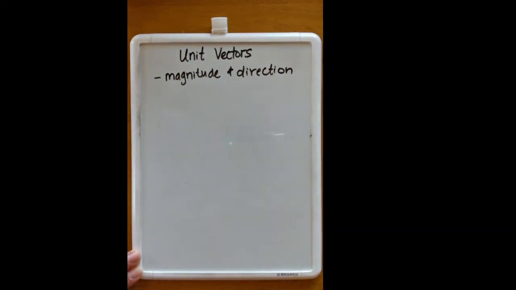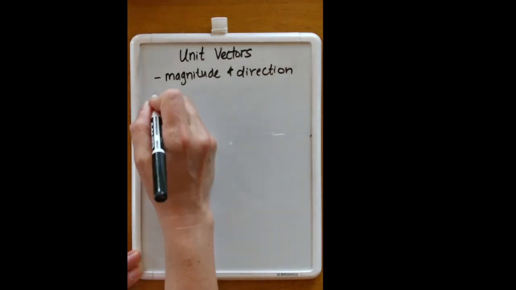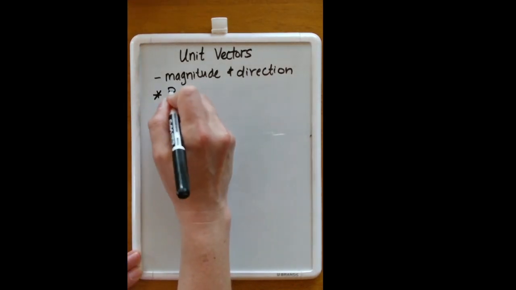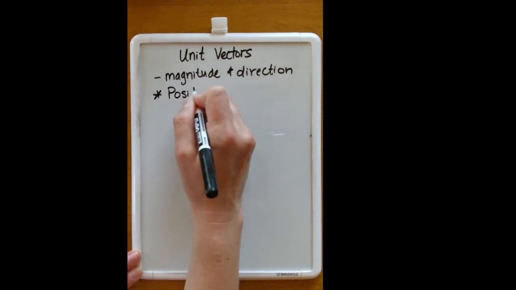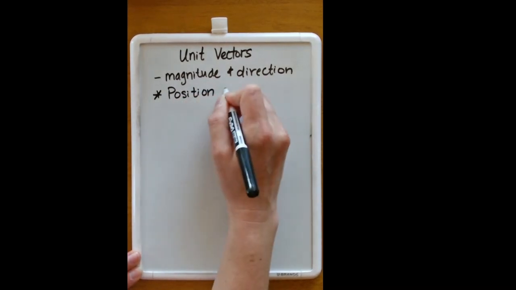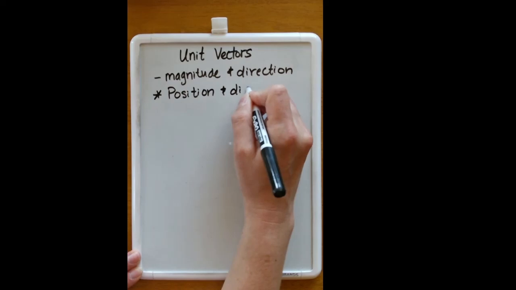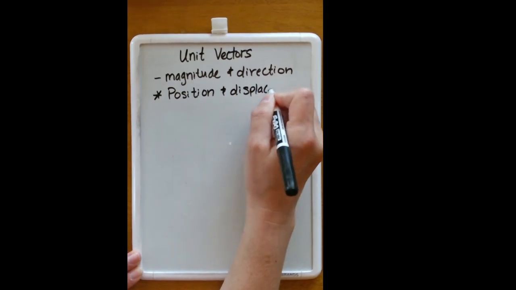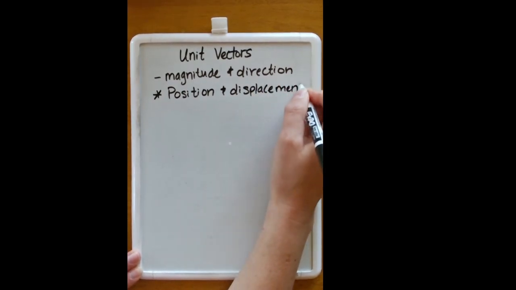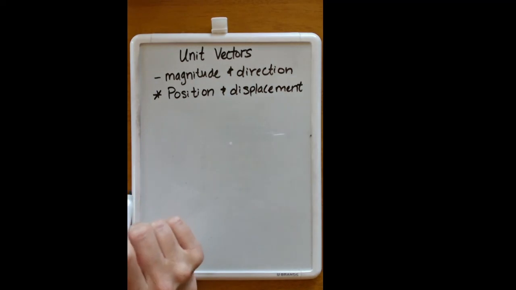The opposite of that is a scalar, which is just a magnitude. So we talk about quantities of position and displacement. And these are both vector quantities. And so we're going to be using unit vectors when we talk about position and displacement.